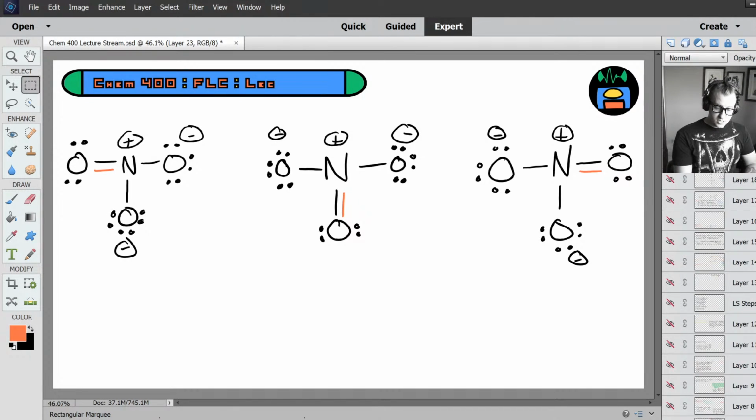These 3 Lewis structures right here are all Lewis structures of the same molecule, and they have a very special relationship. These are called resonance structures.